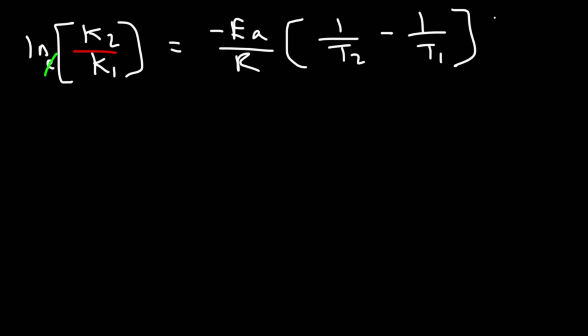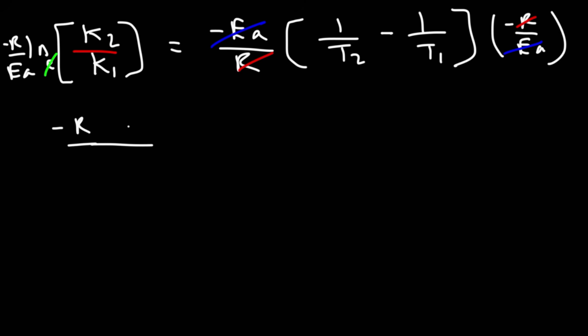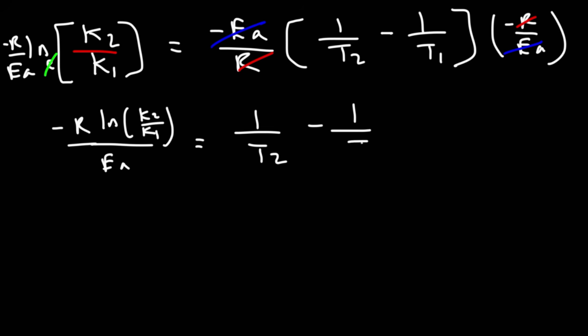To do that, we're going to multiply both sides by negative R over EA. So those will cancel. And we're going to have negative R ln K2 divided by K1 over EA. That's going to equal 1 over T2 minus 1 over T1.